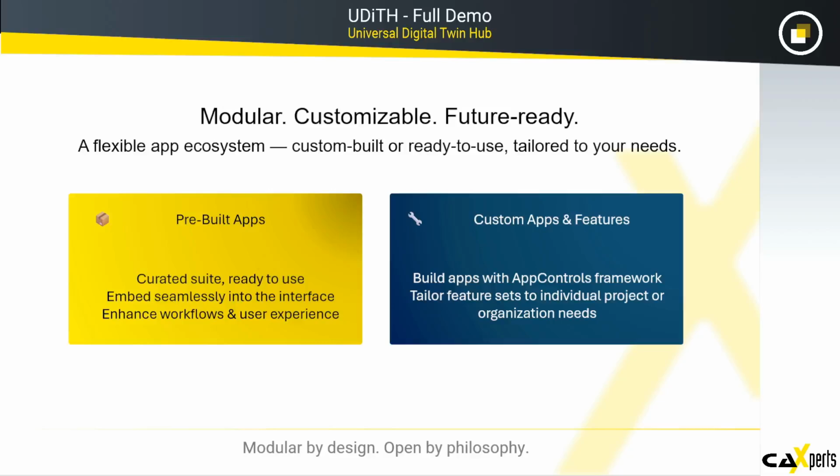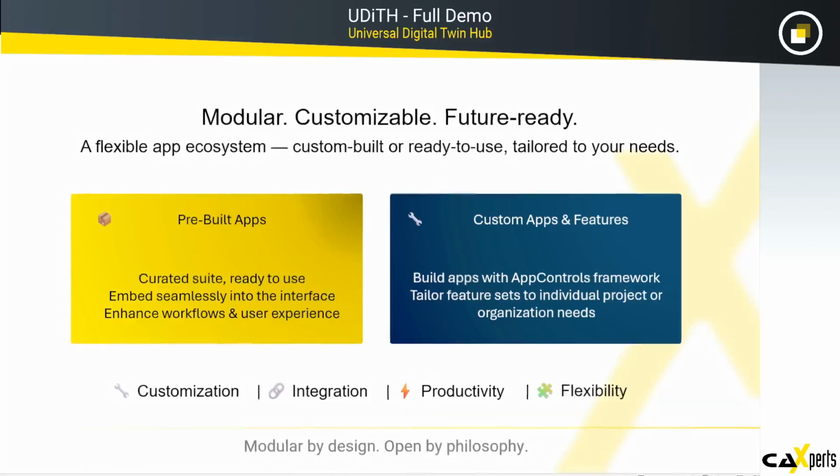And that's the part that makes the system future ready. So all in all, the apps allow customization, integration, a raise in productivity, while at the same time giving you full flexibility. So this being said, let's actually look at the UDiTH Toolkit first.